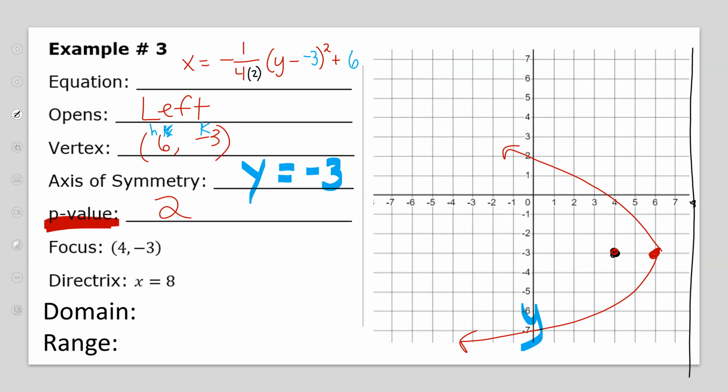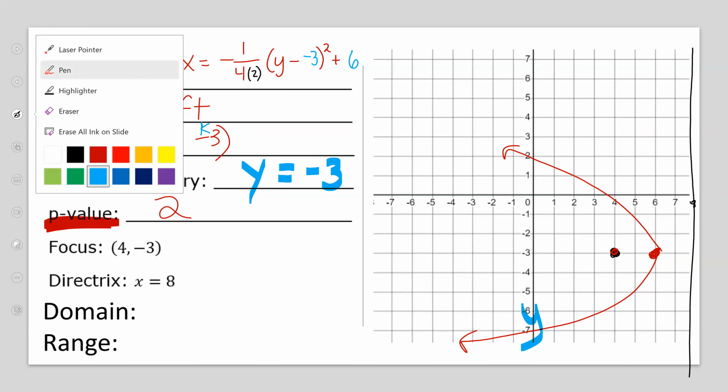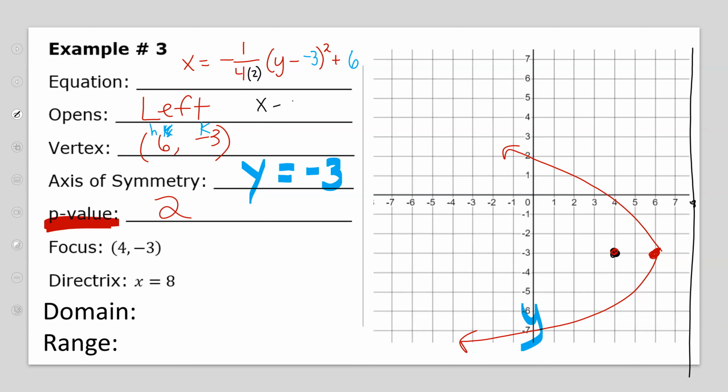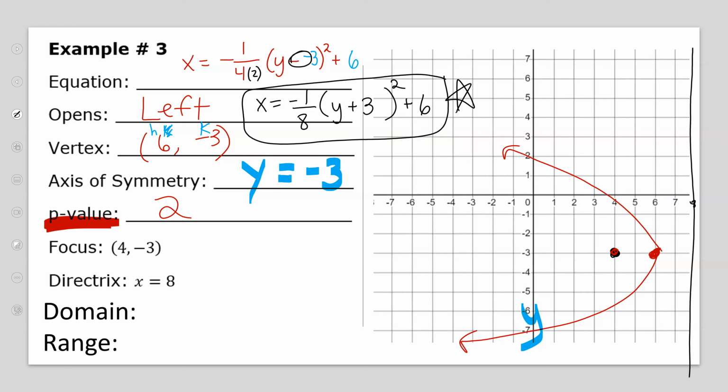So when I simplify my answer, I'll have x equals -1/8, because 4 times 2 is 8. Two negatives make a positive, so this will be y plus 3. So this is your answer. That is your equation. You have to remember that this is H and this is K. You put K inside of here and you put H out here. Okay?